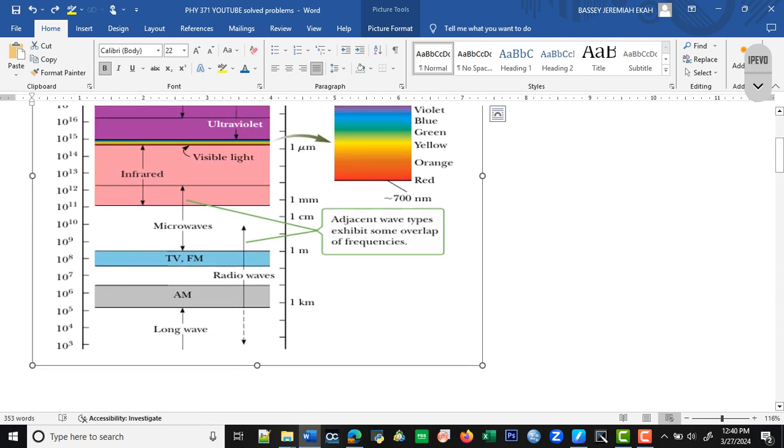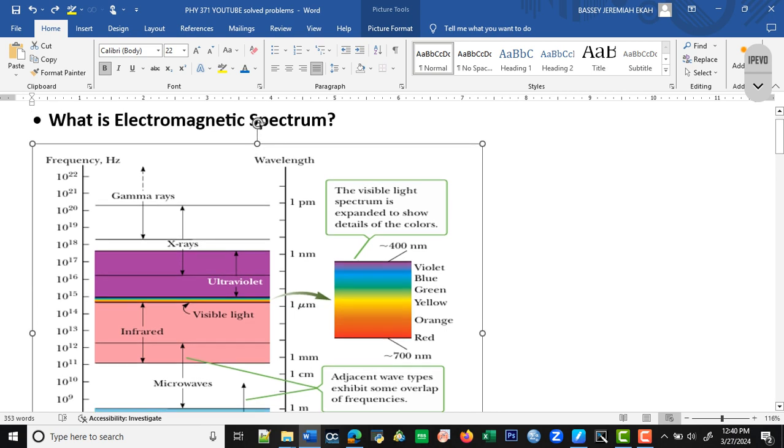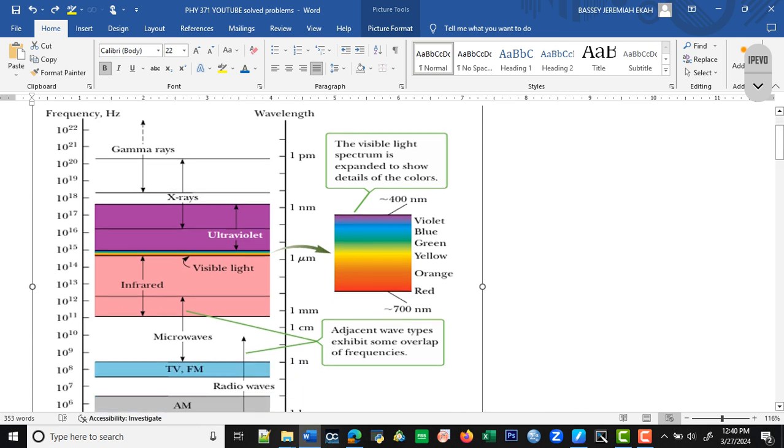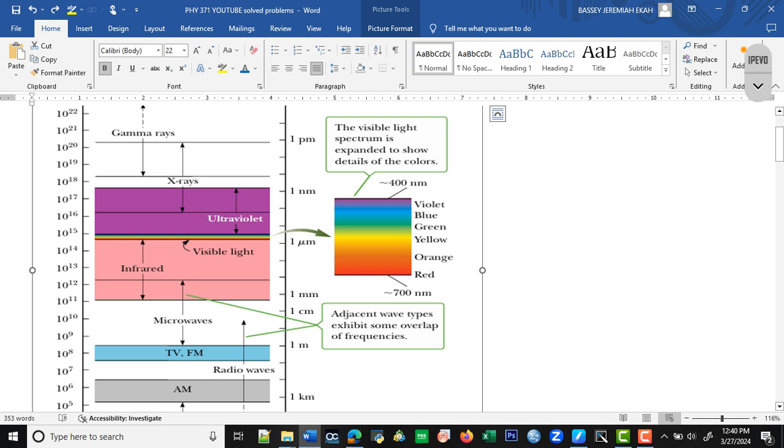If you are asked to write the members of the electromagnetic spectrum in order of decreasing frequency, it means you will start from gamma ray, X-ray, UV ray, visible light, infrared, microwave, and radio wave.